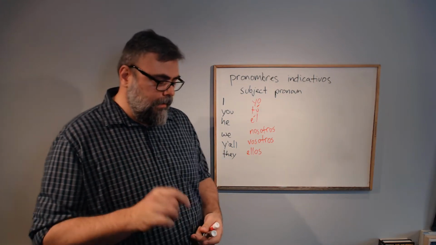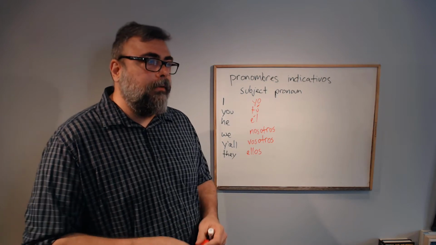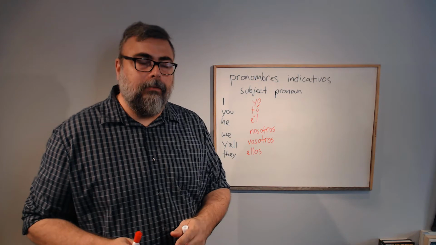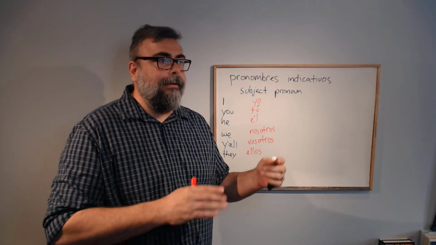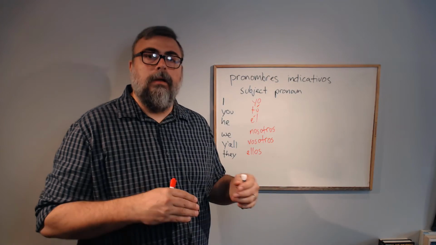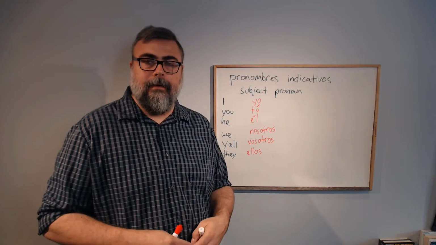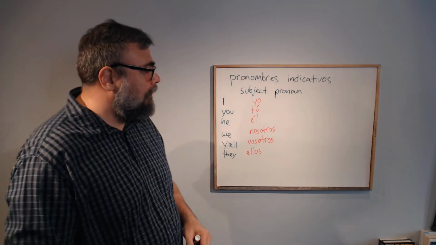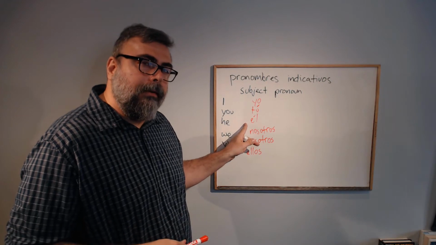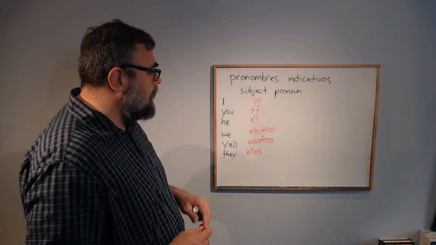Ahora, en español tenemos masculino y femenino. ¿Cómo se dice masculino en inglés? Masculine. ¿Cómo se dice femenino en inglés? Feminine. Entonces, él ¿es masculino o femenino? Él es masculino. He.